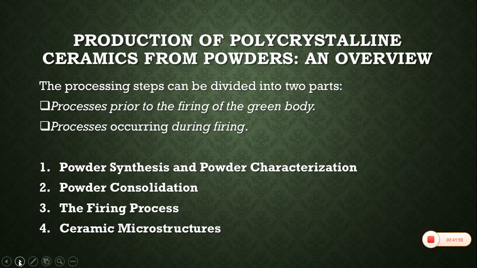The major problem in the firing process is that if, during the consolidation of the powder, the particles are agglomerated, then during firing or sintering it will cause coarsening of the product, and it will lead to a heterogeneous microstructure.